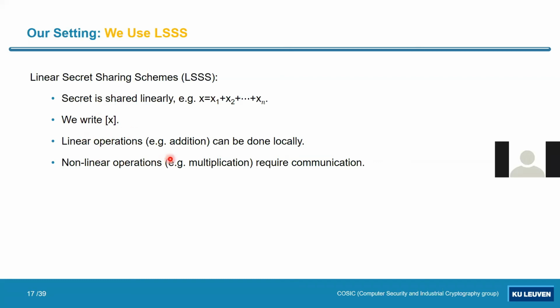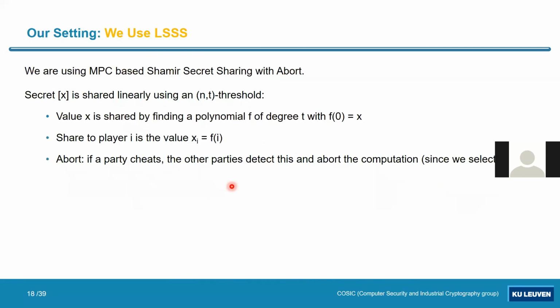We have linear operations which can be done locally, like addition, and they are free. And we have nonlinear operations, like multiplication, which require communication, are a bit costly, and cannot be done locally.